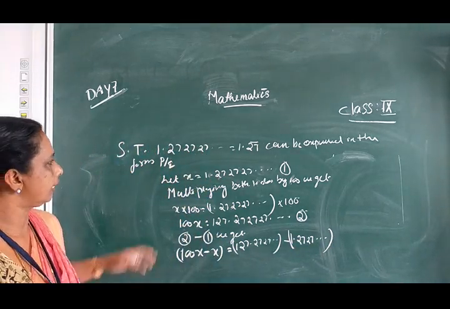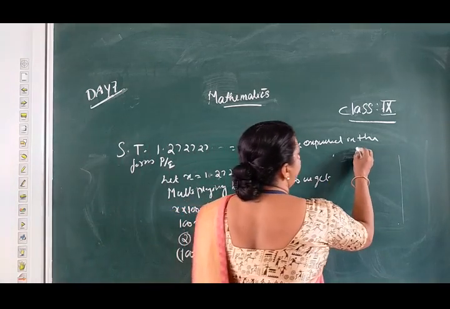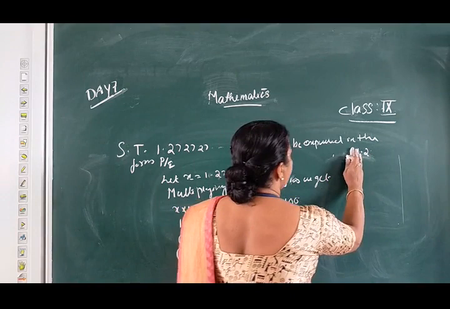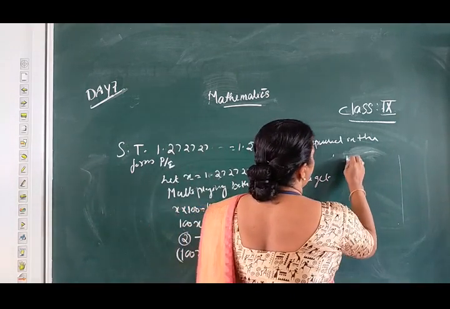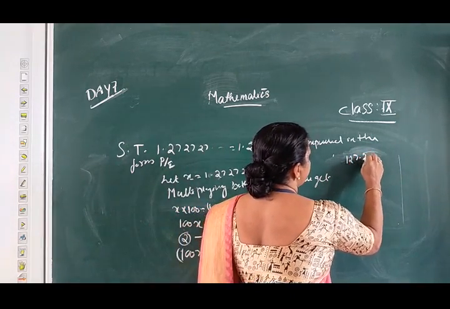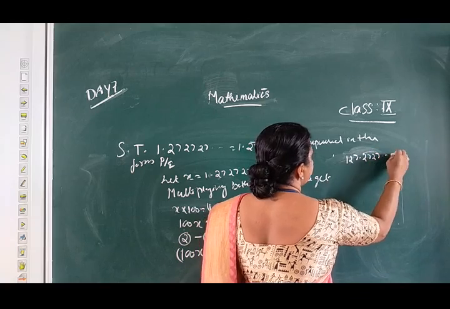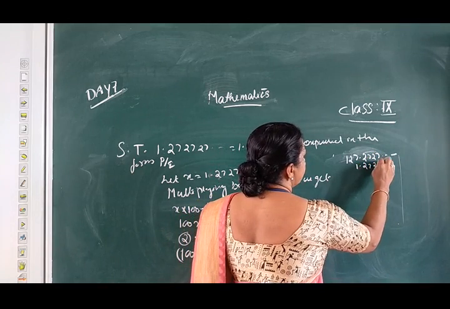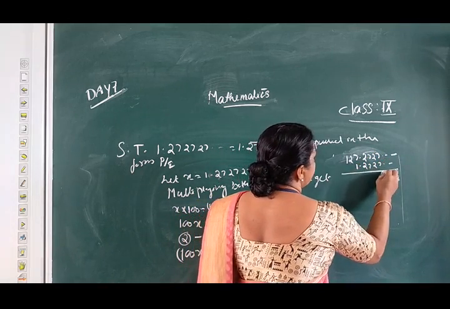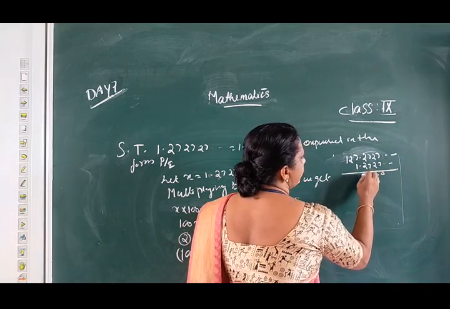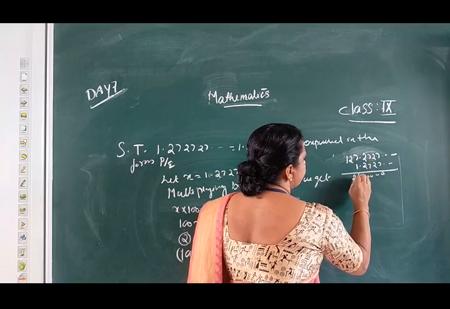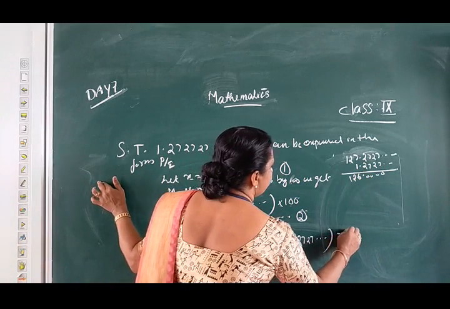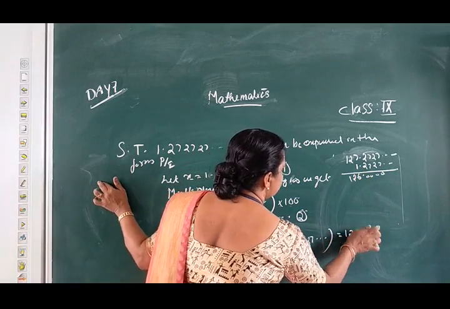Okay, so we have to write and subtract here 127.2727 etc. minus 1.2727 etc. On subtraction, all the digits after the decimal are 0, and 7 minus 1 is 6, 2, 1. So we get 126.